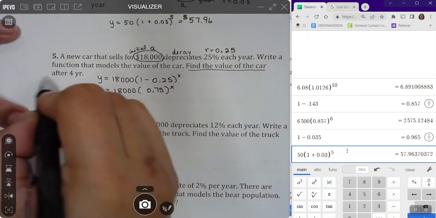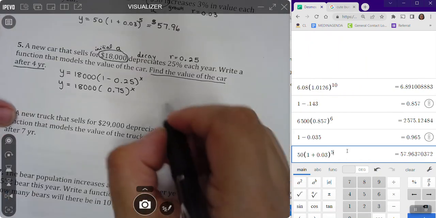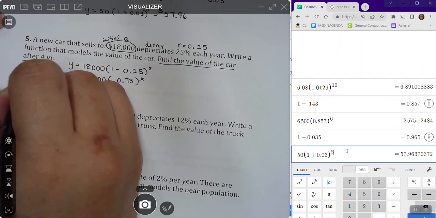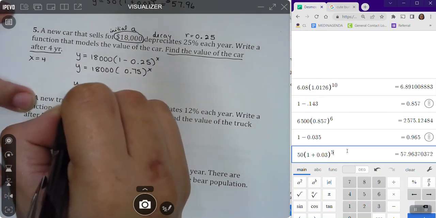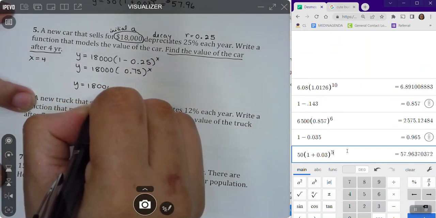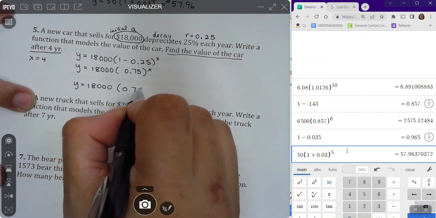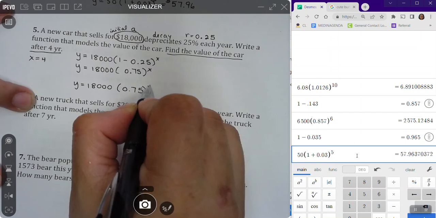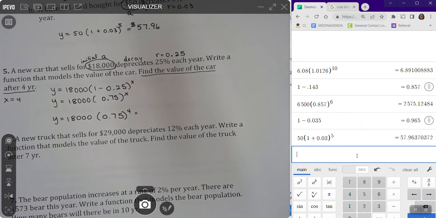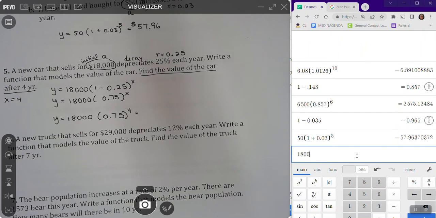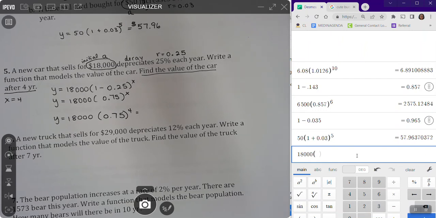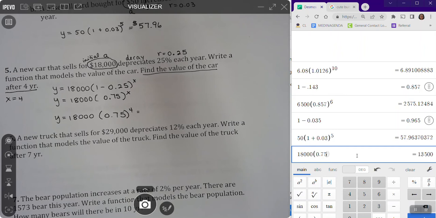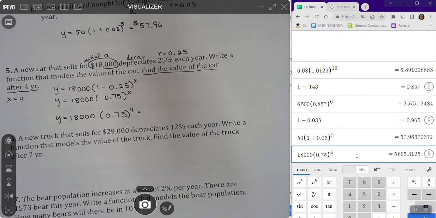Find the value of the car after 4 years. All right, so that means x equals 4. So after 4 years, okay. Oh no, did my computer freeze? 18,000 times 0.75 raised to the 4.